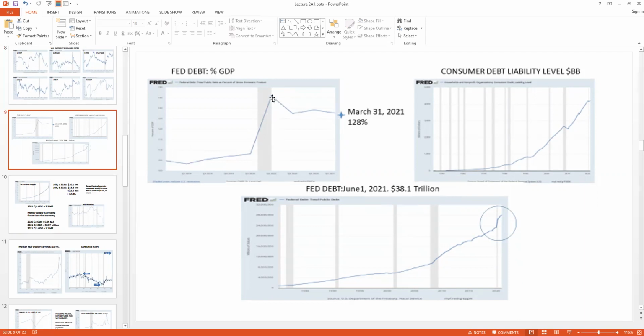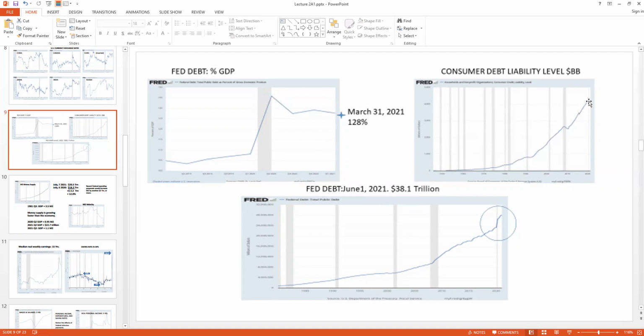It was about 135% of GDP at the end of 2020, and more recently, at the end of our first quarter, 128%. Similarly, consumer debt has come up pretty sharply over the long term. We will see in these charts several long-term trends as well as short-term trends.